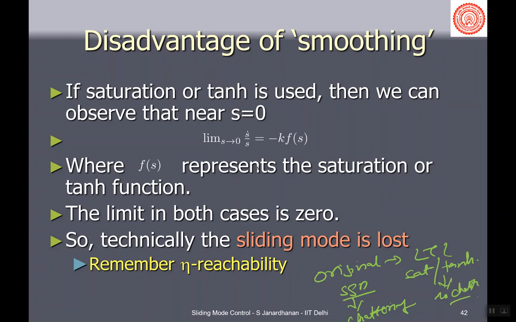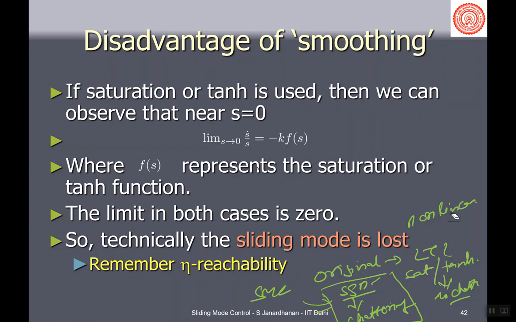Good. But why did we bring this sign term in the first place? Why did we bring in SMC, which is a nonlinear term? Why was this nonlinearity brought in the first place?